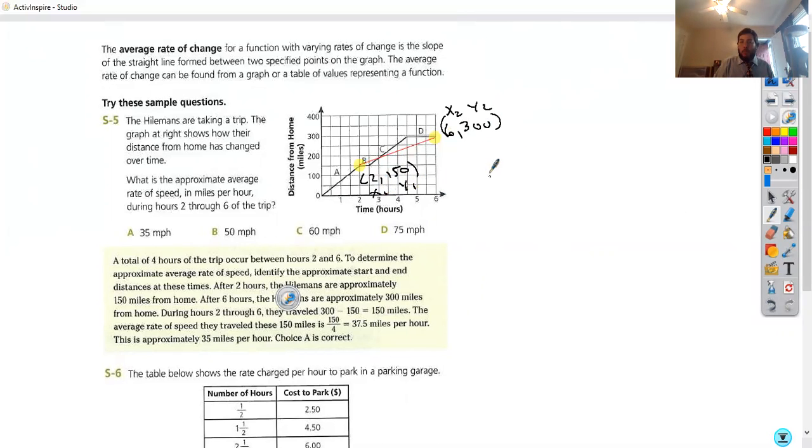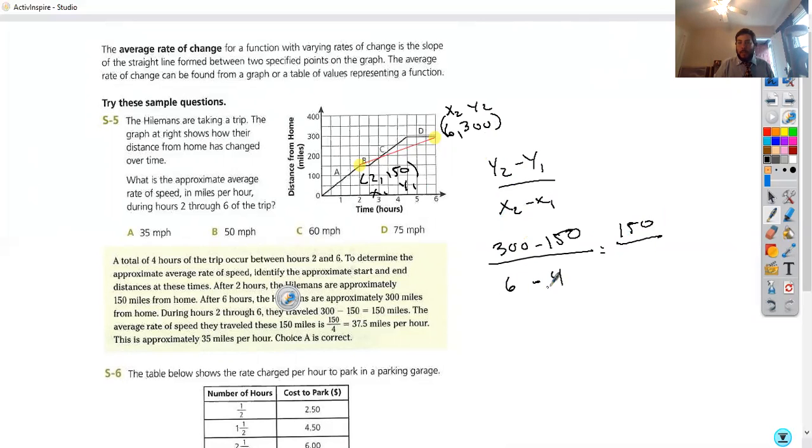Remember our slope is y2 minus y1 over x2 minus x1. So our y2 is 300 minus our y1, 150, divided by x2, which is 6 minus 4. This gives us 150 divided by 6 minus 4 is 2, which works out to be 75. And then these are miles per hour.